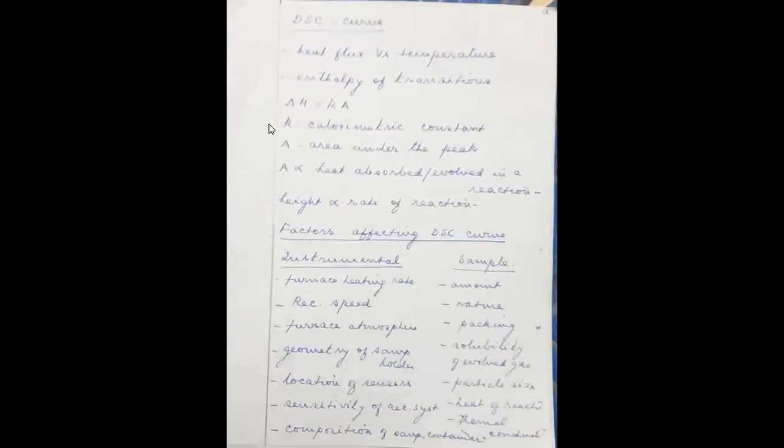In order to make this an equation, a constant is introduced. This constant is called the calorimetry constant. In order to evaluate this calorimetry constant, you have to do the experiment with a known substance. A is the area under the peak, and this A is proportional to the heat absorbed or evolved in a reaction. And the height is proportional to the rate of the reaction.